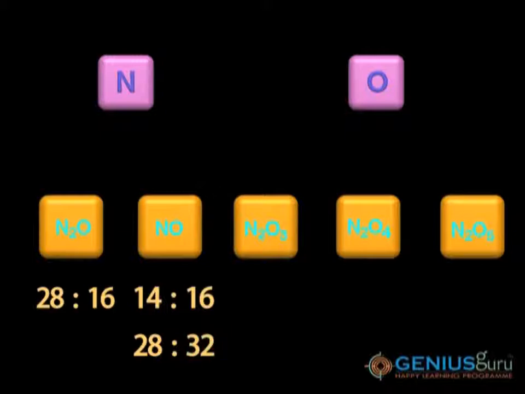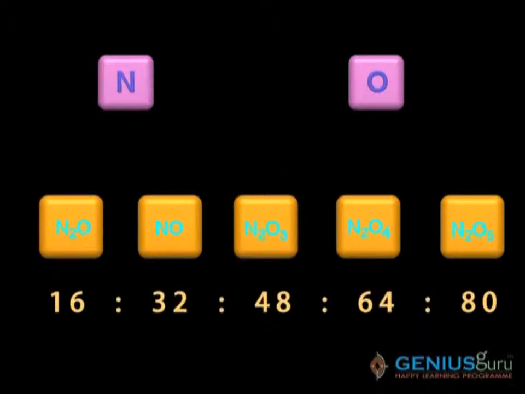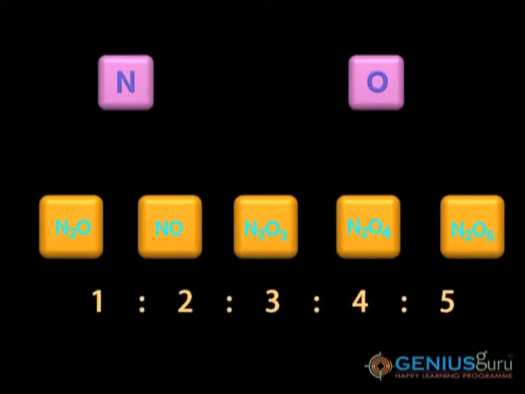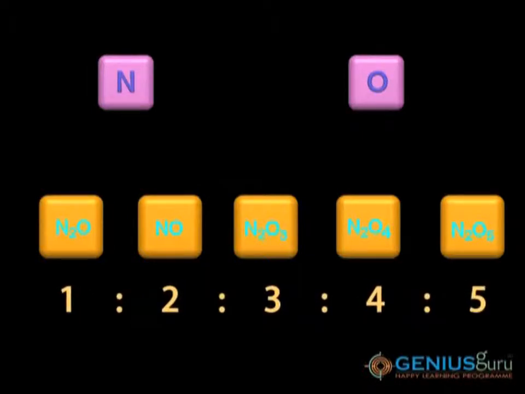In a similar way, for N2O3, the amount of nitrogen is 28 and the amount of oxygen is 48. Hence 16:32:48:64:80. When you cancel 16 from all the terms, we obtain 1:2:3:4:5. So this is a simple whole number ratio that exists between the amounts of oxygen that combine with a fixed amount of nitrogen.